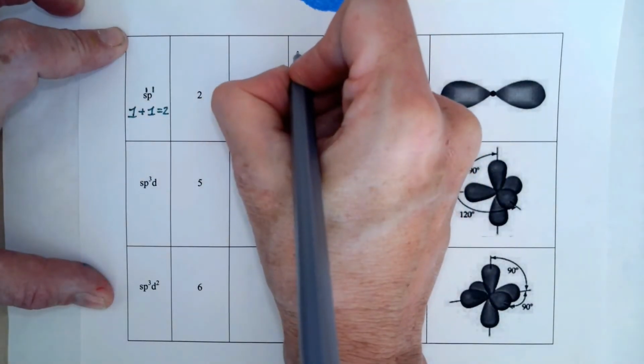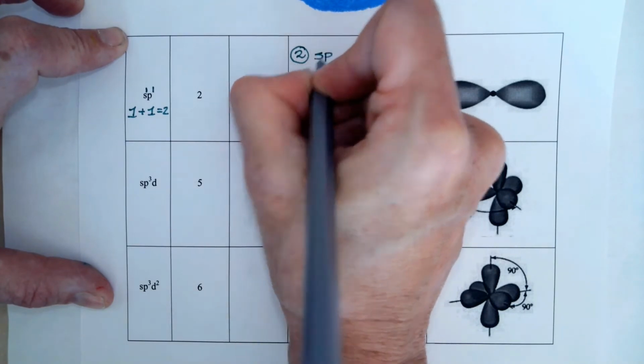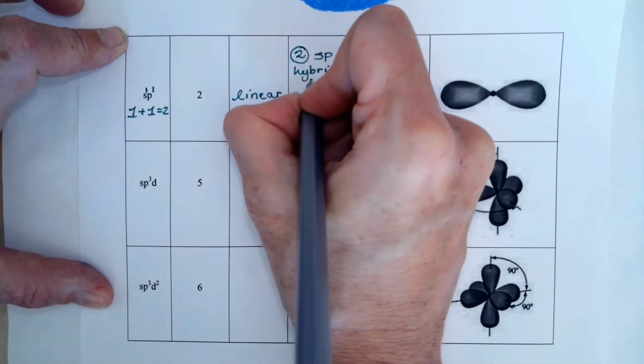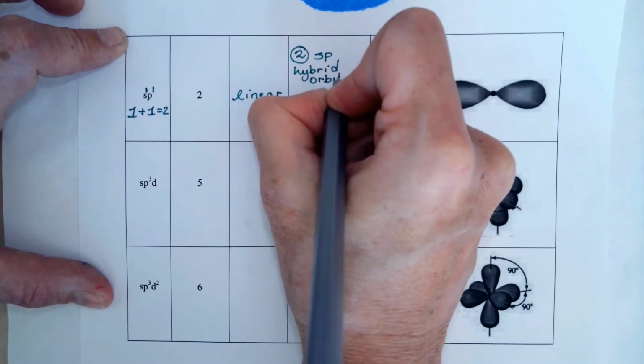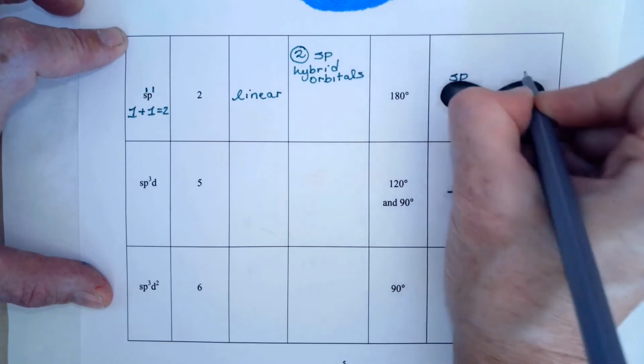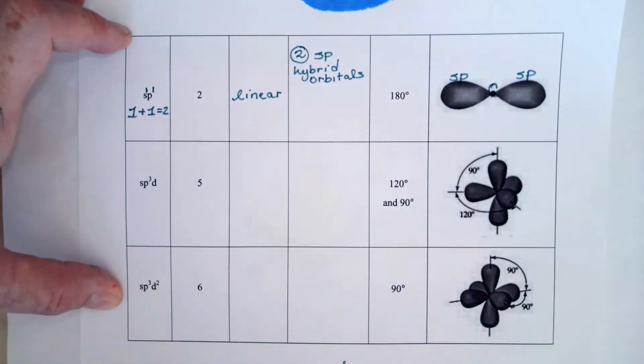So at this point we have two sp hybrid orbitals. This is an sp and this is an sp. And we see the nice linear shape.